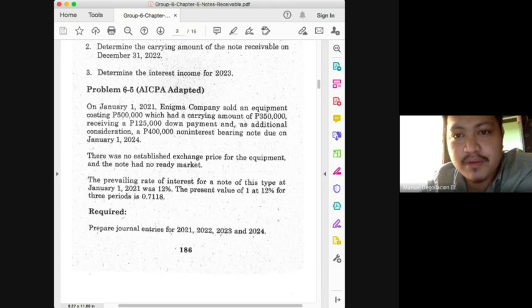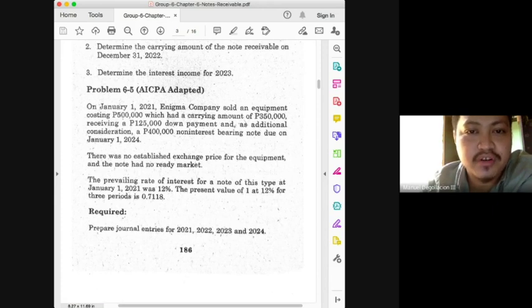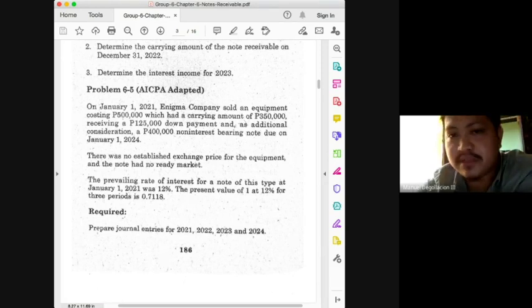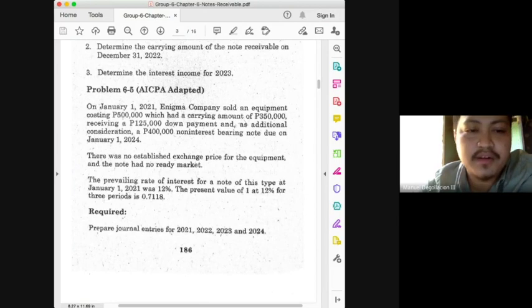Since in the previous problem, the equipment that are being sold are items of inventory, meaning they are not subjected to depreciation. Okay, you only depreciate those that are used as property, plant and equipment, investment property, and other depreciable assets. But inventory, class, is not a depreciable asset.